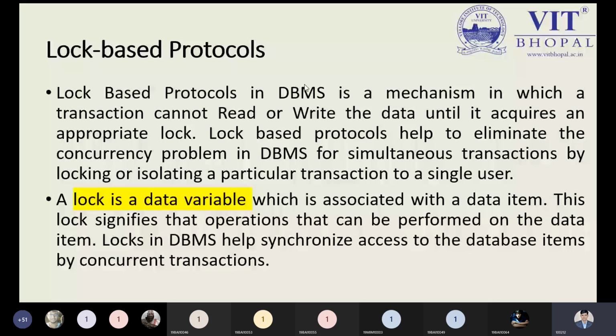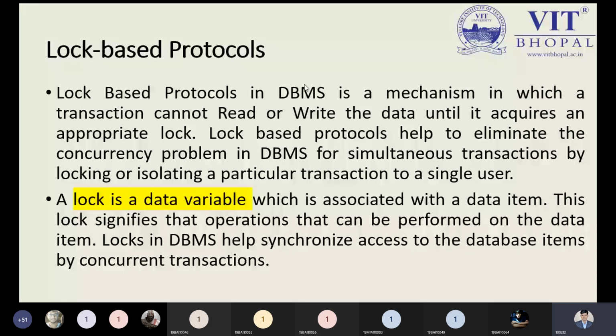But when talking about lock, locks are sub operations of the transaction performed on the data item to define whether the data item is locked or not locked. If the data item is locked, then it can be held by the transaction until we unlock it.